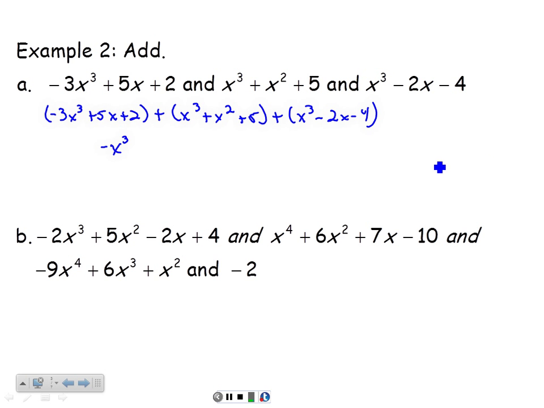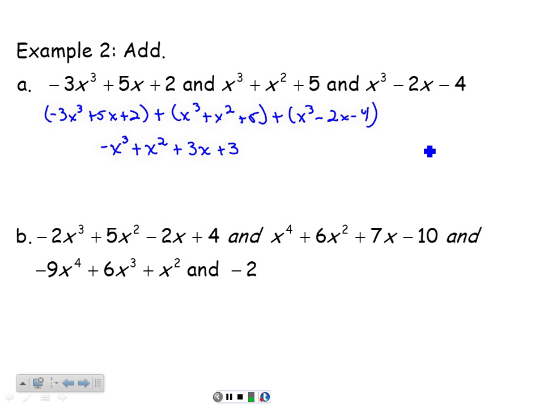And then I see 1x squared, so that's going to go next. And then I see a 5x and a negative 2x. 5x plus negative 2x is going to be plus 3x. And then I see 2 plus 5 plus negative 4, which is going to give me 7 plus negative 4, which is going to give me what, 3?